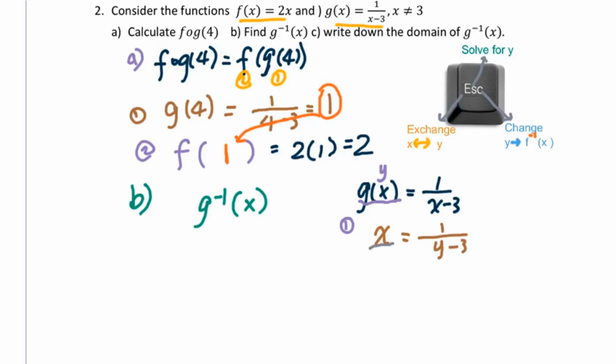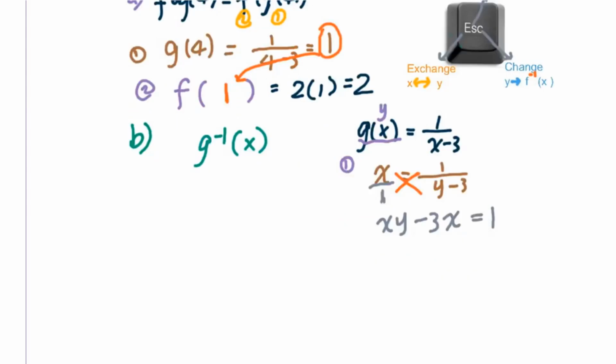Then I cross multiply to get rid of the denominator. We get x times y, that's xy, x times negative 3, minus 3x, equals 1 times 1, equals 1. Remember, the second step is solve for y. So y is the only variable. We isolate the y on one side.